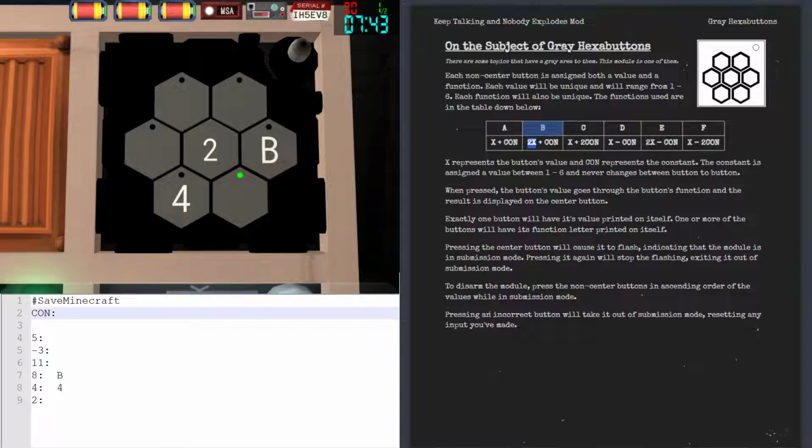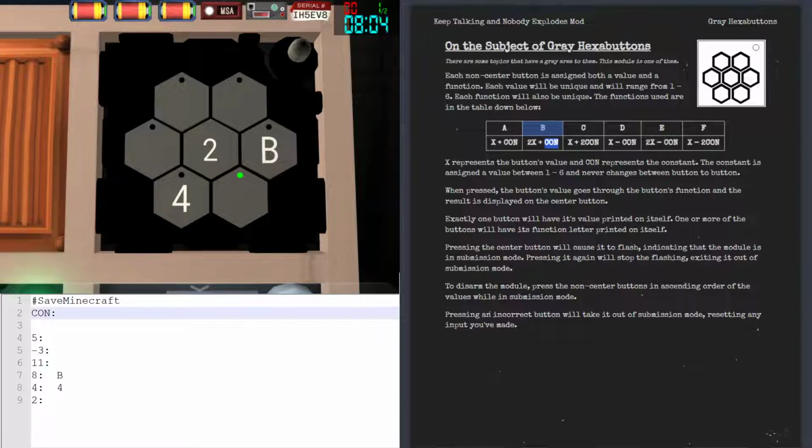So let's say the value is 1. So 1 times 2 is 2, which means the constant has to be 6, which is a possibility. The other possibility is if we do 2 times 2, that's 4, which means constant also has to be 4.